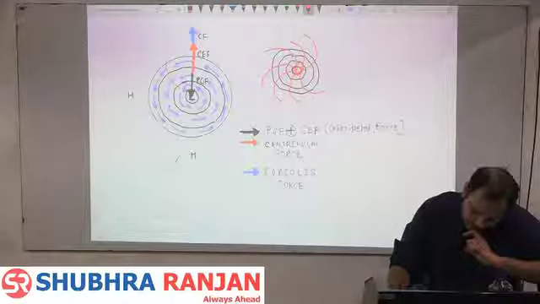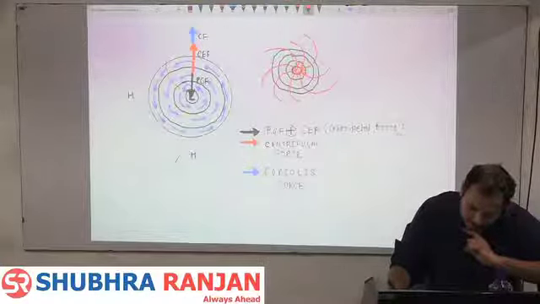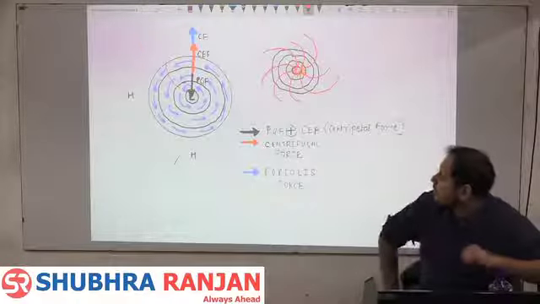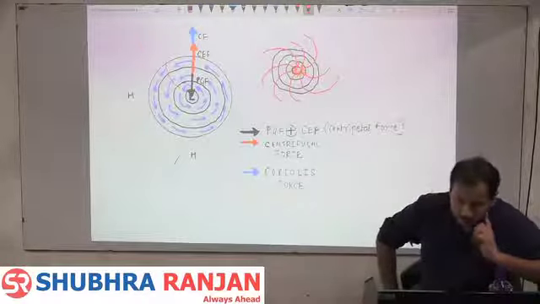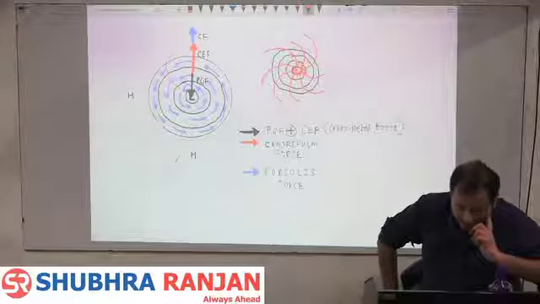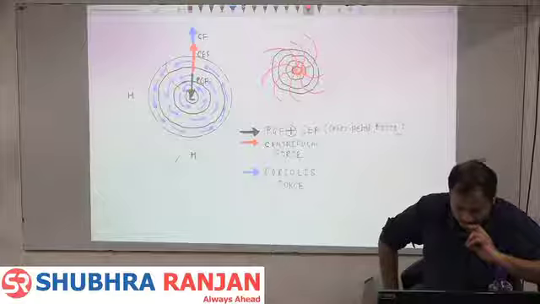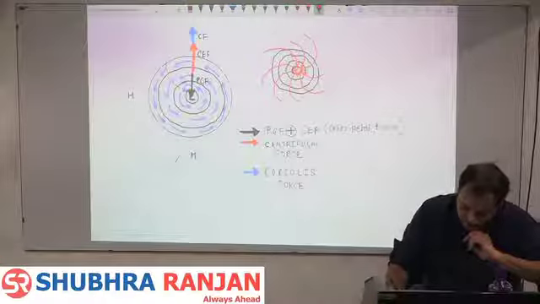Which force is stronger? The inward one. Fine. And therefore winds will start flowing in a clockwise manner.